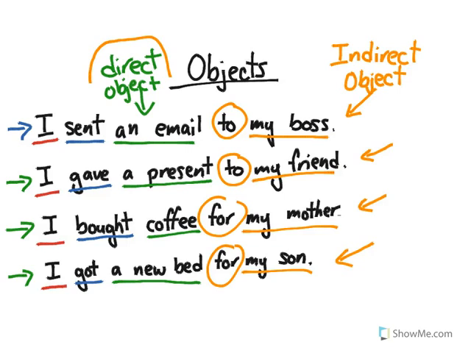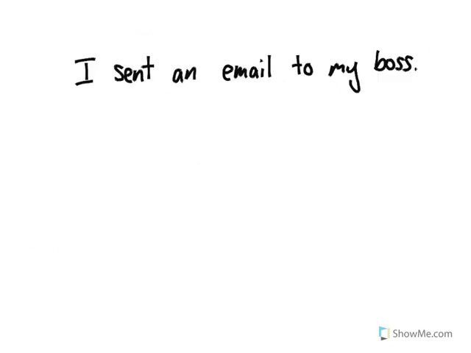So some people call these prepositional phrases. What I'm going to teach you next, though, is another way to write these sentences. So this is one way. One way is to make them a prepositional phrase, to put them after a preposition like to or for. Next, I will teach you how to do this a different way.